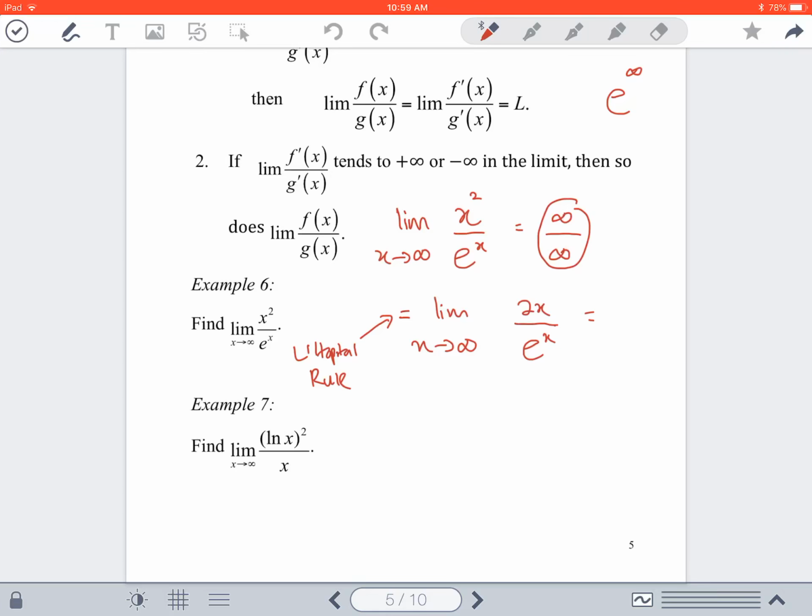After that we replace x in the new version of the function, and we still get infinity over infinity. Then for the second time we use L'Hopital's rule again. Don't worry how many times you use it, as long as you get infinity over infinity or 0 over 0.